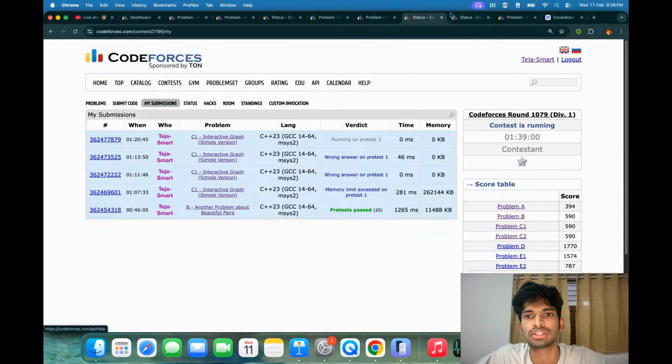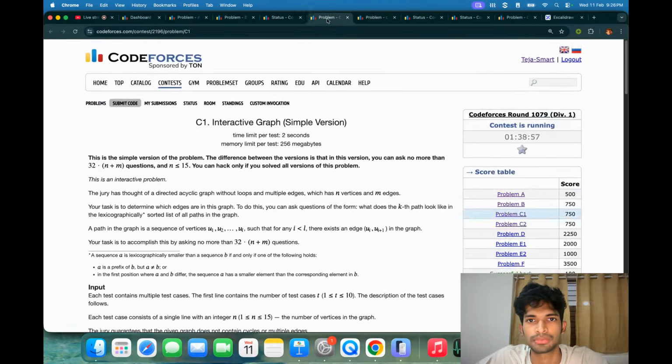But now for C2, I think it's almost done. It's almost the same one.